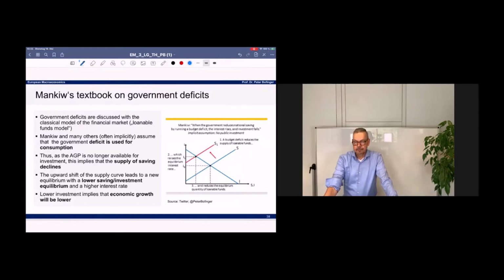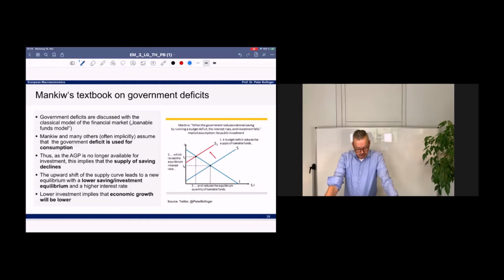And in this textbook, government deficits are discussed only from the perspective of the classical model. So the other approach is simply not mentioned, so that as a student you must have the impression this is the only way government deficits work.